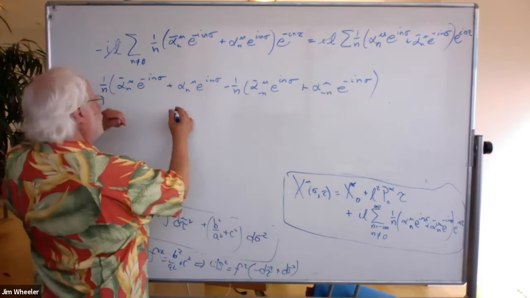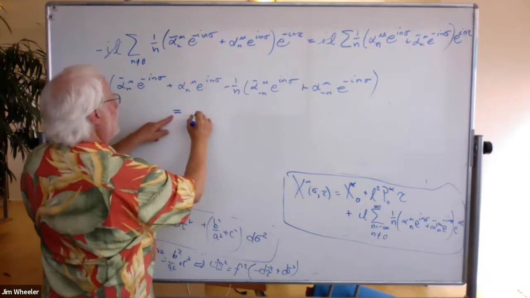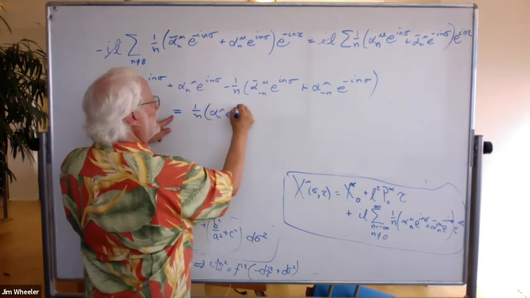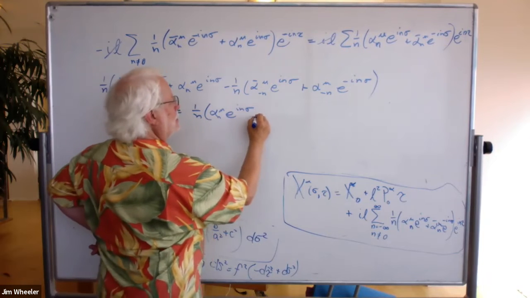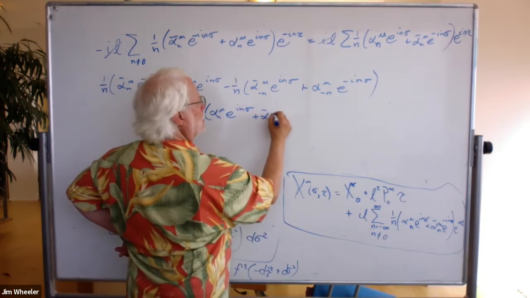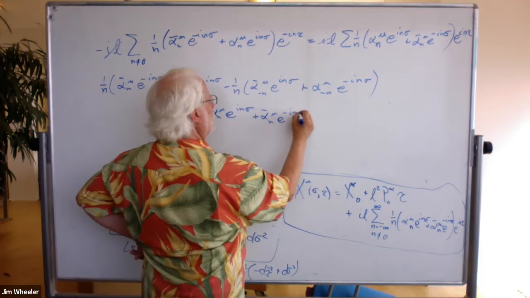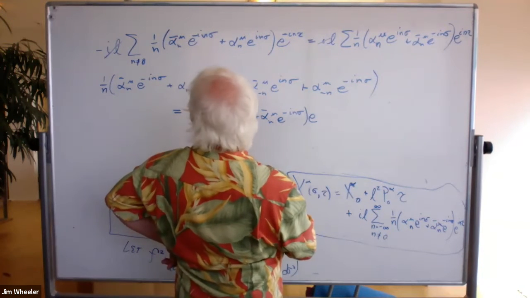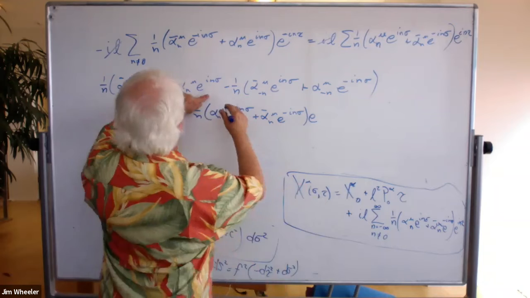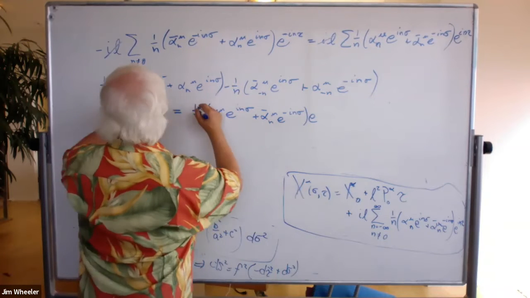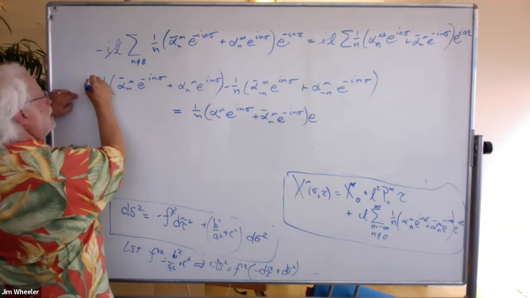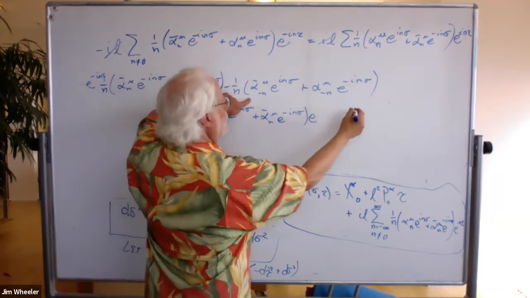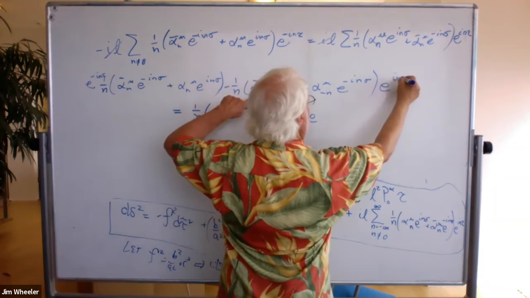Okay, so on the other side, 1 over n alpha n mu e to the i n sigma plus alpha bar n mu e to the minus i n sigma, e to the minus i n tau over here, and on this term it becomes e to the plus i n tau.